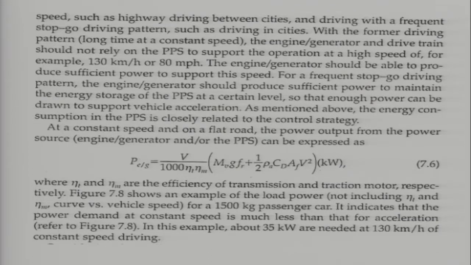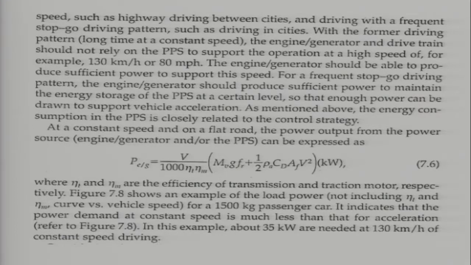For a frequent stop-go driving pattern, the engine generator should produce sufficient power to maintain the energy storage of the PPS at a certain level, so that enough power can be drawn to support vehicle acceleration. So when you are frequently stopping and starting the engine, the PPS may be used to enhance the power requirement at the vehicle wheels.